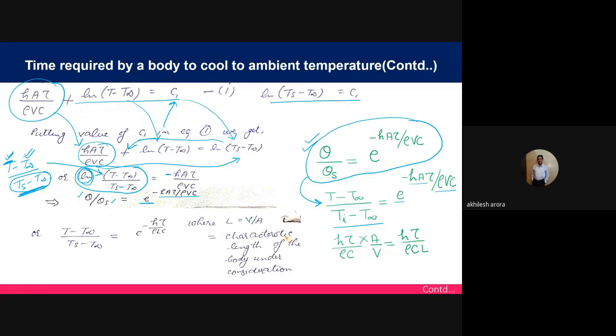Okay, so the only thing is, instead of theta s, I am using theta i. Theta s is the same as theta i actually. There is no difference. As I told you, I have considered the initial temperature as Ti, or you can consider the initial temperature as Ts. So you will get this particular equation. Any questions about this till now?